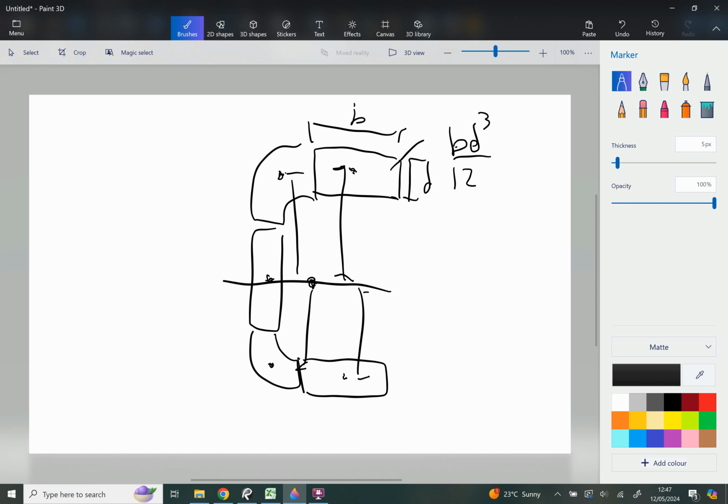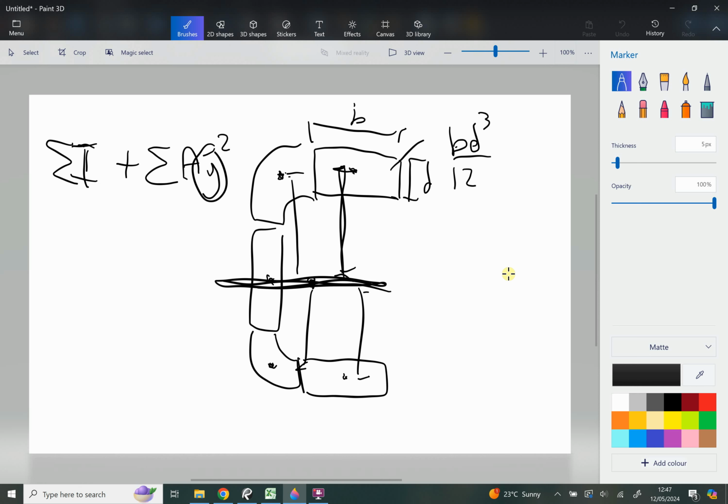So we can basically apply the same parallel axis theorem, the sum of I plus the sum of A y bar squared, where the A is the area of each subdivided element, the I value is the stiffness about the centroid of each of these elements, and then our y bar are these distances I drew from the centroid of the overall system to the centroid of the local system squared. So it's the same thing again, it's just expanded out to a more complex geometry, and that's why it's useful to know the second moment of area locally around the centroid of the annular sector.